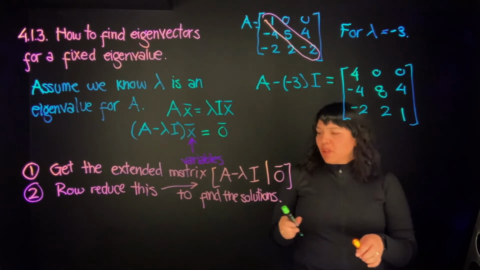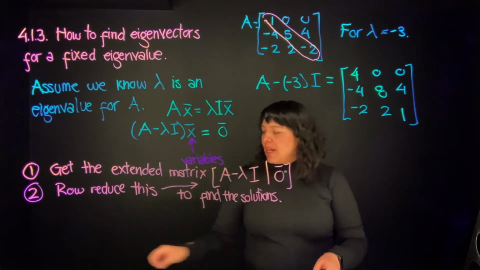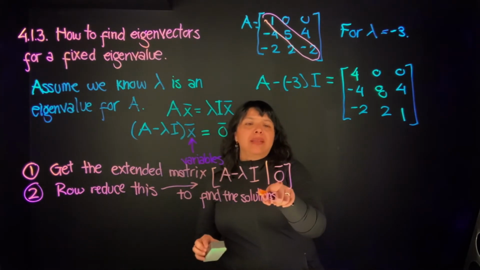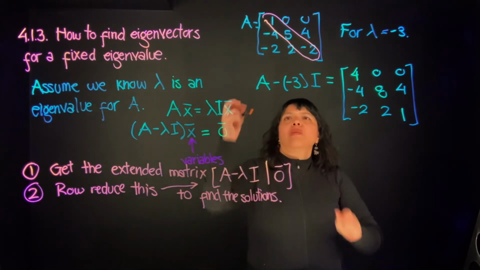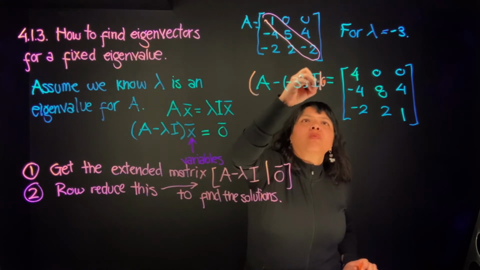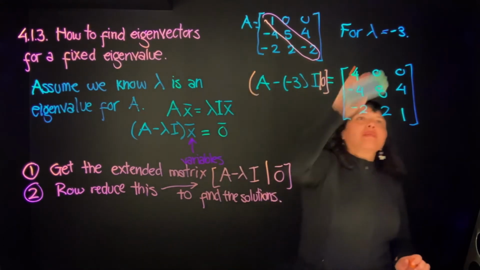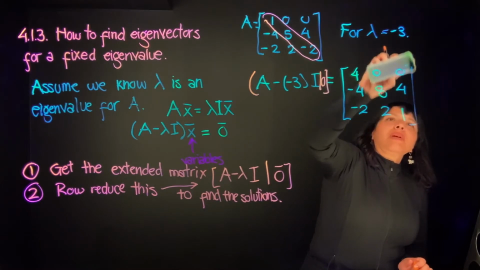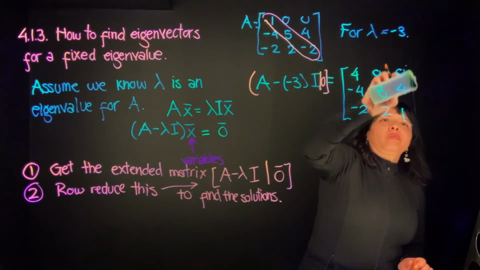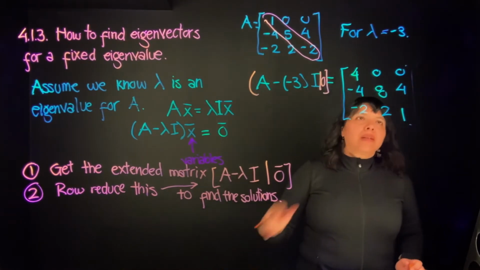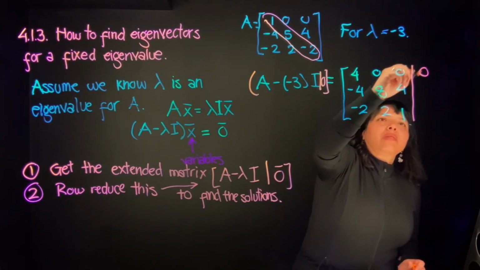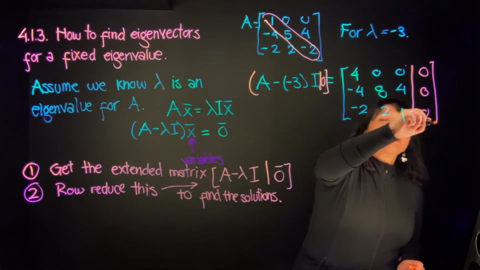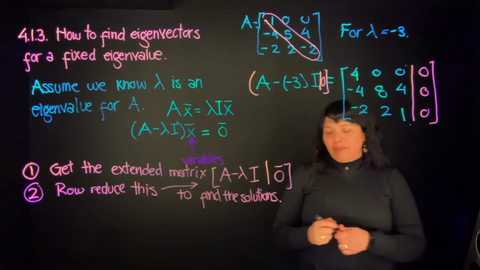Okay, so what I'm going to do is now I'm going to extend it with a 0 here. So let me do that here. And that means that I'm going to erase this one. I'm going to extend it with 0, 0, 0. And I'm going to solve this system.